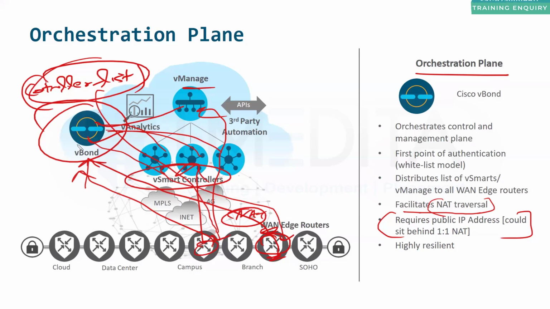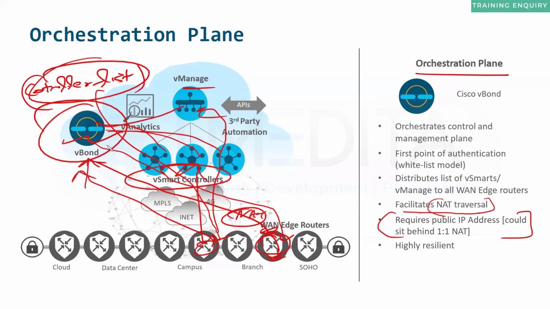And remember that vBond will always have a list of valid WAN edge routers. So it is not like any WAN edge router can go to vBond and get authenticated. No, the vBond will always have a list of valid WAN edge routers, like their chassis number and serial number, right? So if a WAN edge router is trying to authenticate with the vBond, with the orchestrator, since the orchestrator is already maintaining the list of valid WAN edge routers, it will always validate their chassis number and serial number.